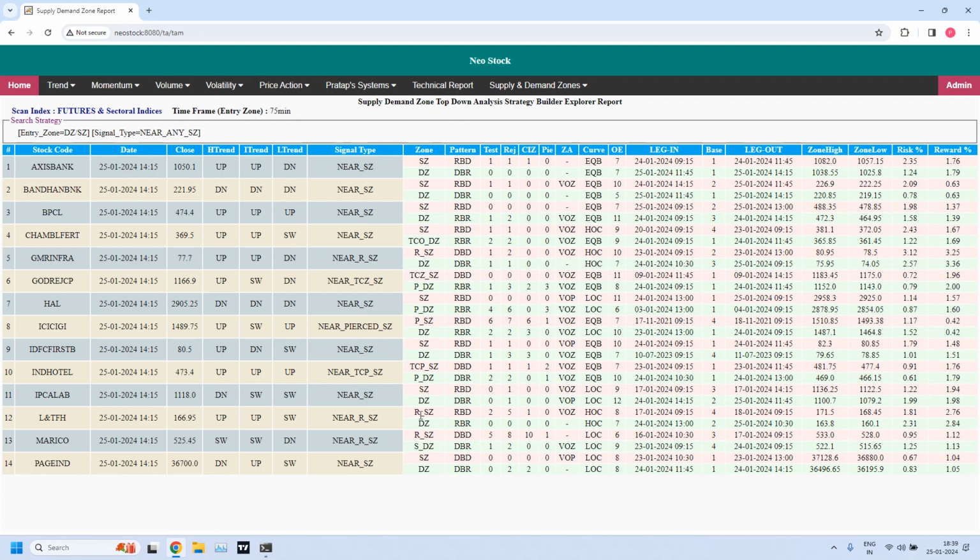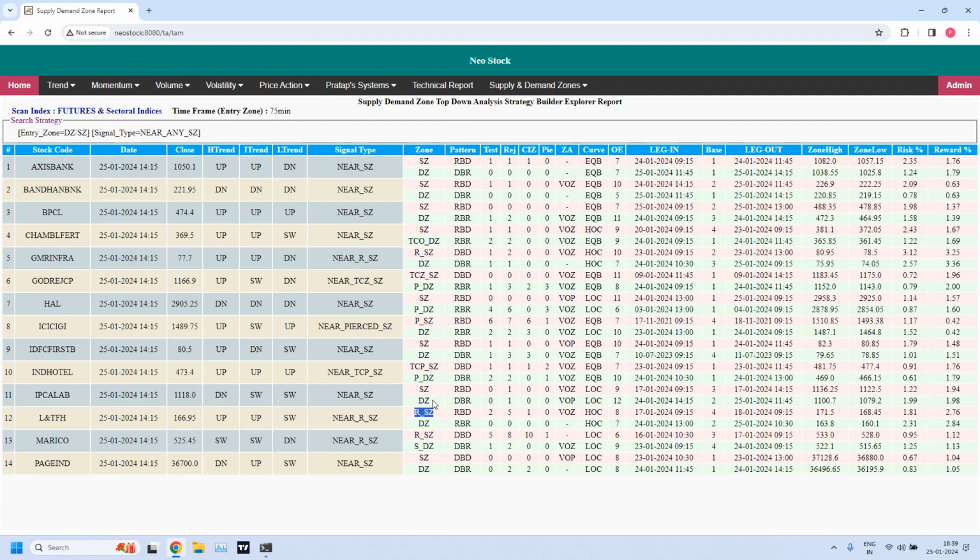And next one is L&T Financial Holdings. Okay, anyway, this is a high liquidity zone tested 2 times and 5 rejections also there from this stock, but not pierced. So this is another one we can look for. Marico is pierced, so we can't.